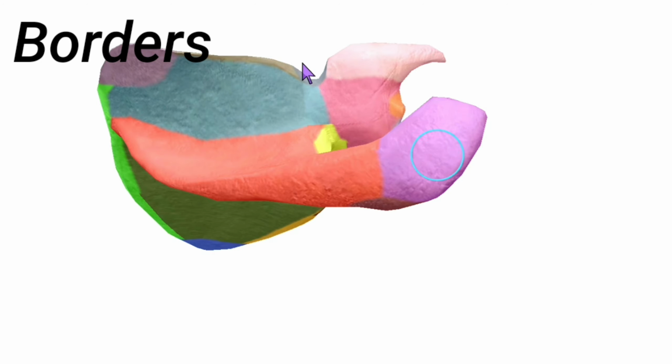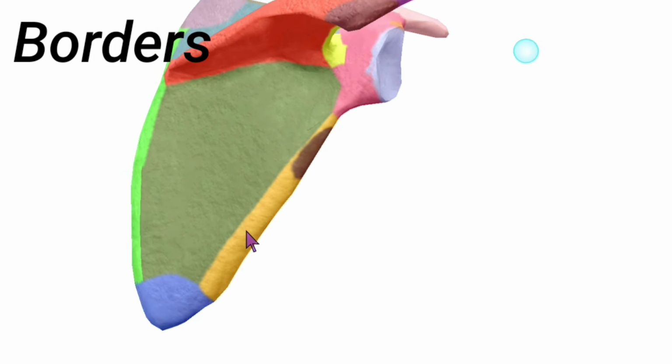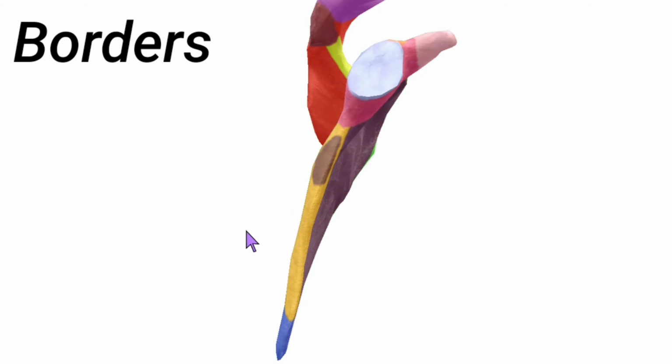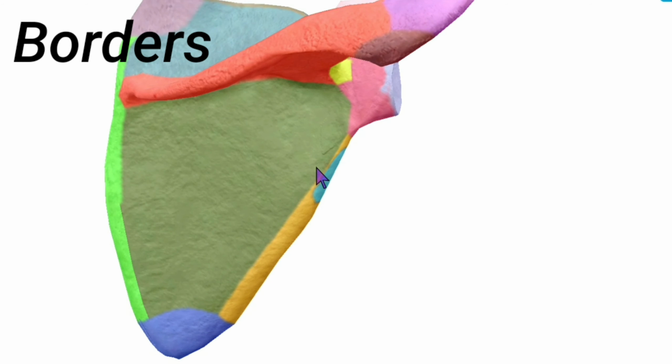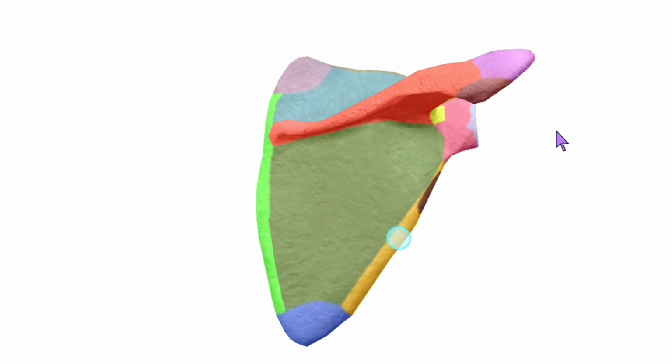The lateral border is thick at its upper end. It presents the infraglenoid tubercle. And the medial border is thin and it extends from the superior angle to the inferior angle of the scapula.